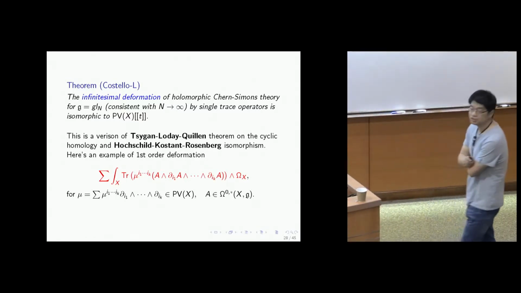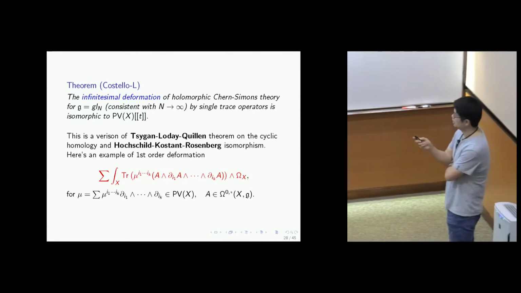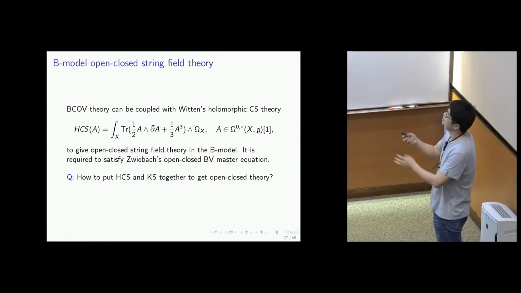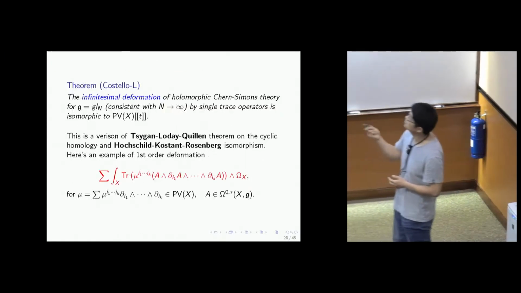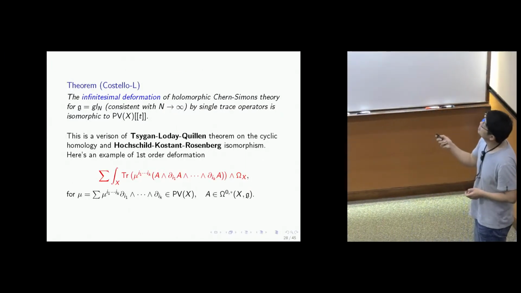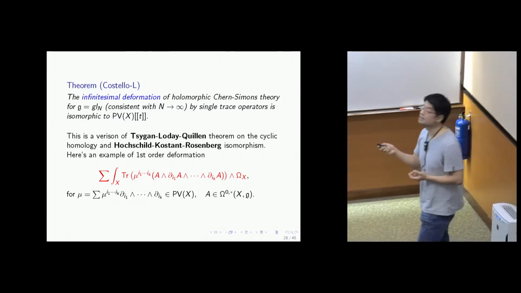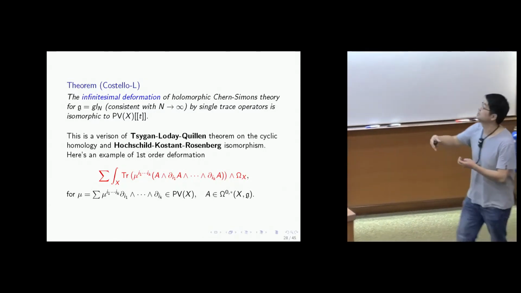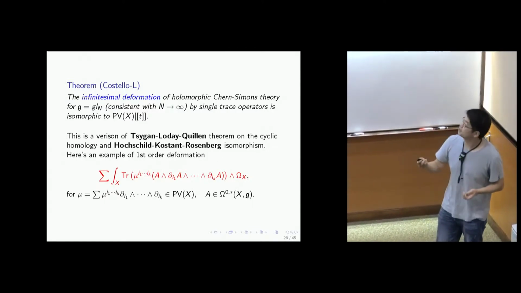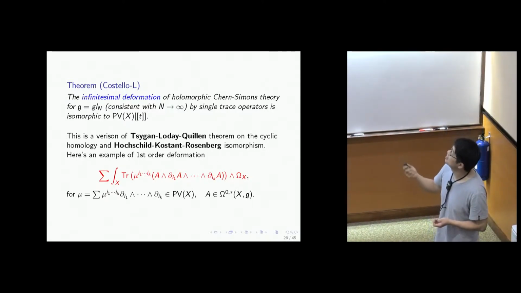So the first calculation I did is the following. Basically this closed string gives you a deformation, so we try to understand this problem using deformation theory. You start with the holomorphic Chern-Simons with Lie algebra gl_N. You want to deform this holomorphic Chern-Simons, preserving gauge symmetries, in the large N limit.